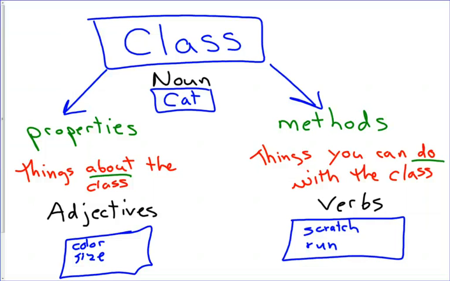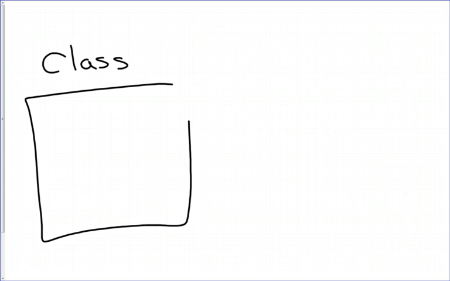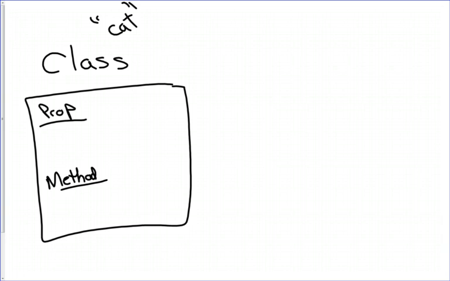But let's go to the next level, because I've kind of introduced this to you already a little bit. Now that you have this idea about classes with properties and methods, we are going to write code to define a class. Let's say we want to make a class called cat. We will define its properties, and we will define its methods, and we will write what they are.